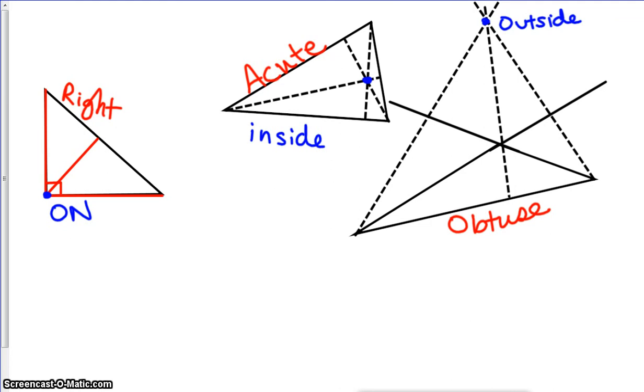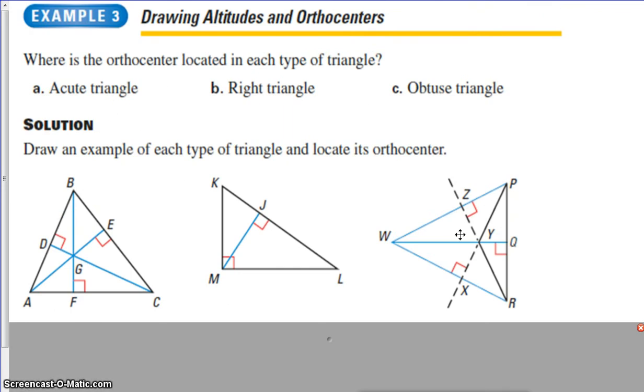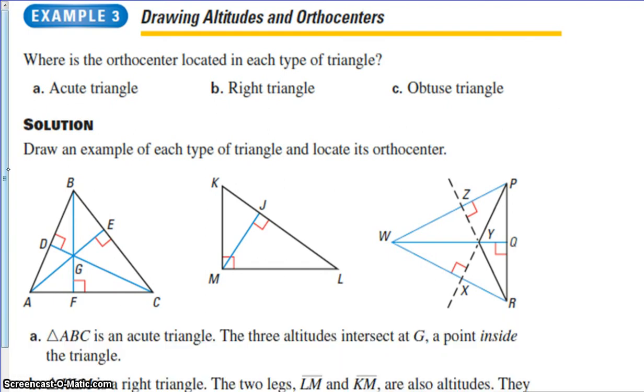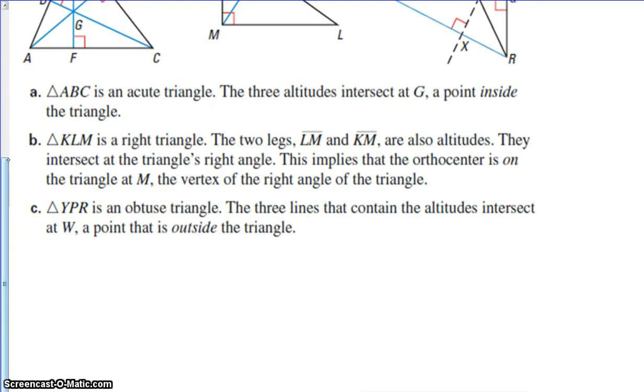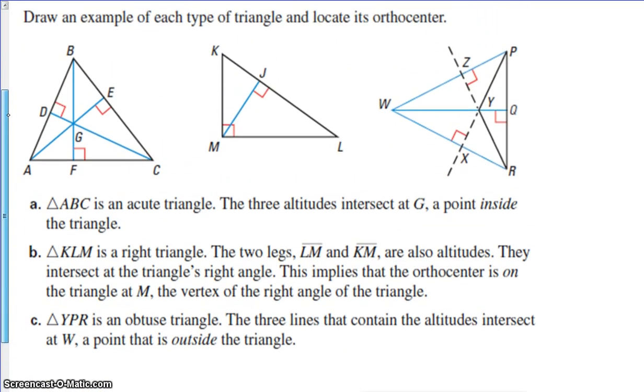So the orthocenter is made by the altitudes. That's really all you need to know for this one. Just as a refresher, the orthocenter is inside the acute triangle, on the right triangle, and outside of the obtuse triangle.